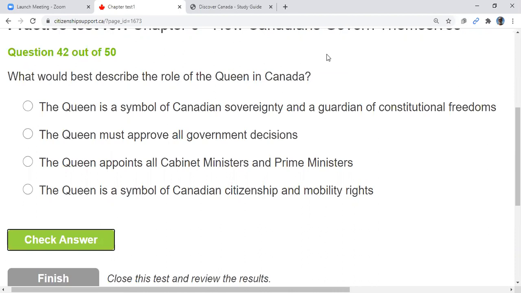Number 1. Yeah, I think you're right. Very good. She's a symbol of our sovereignty and our constitutional freedoms. Oh, very good.